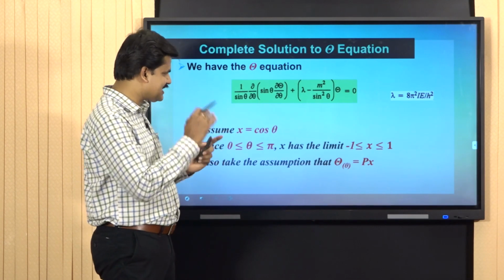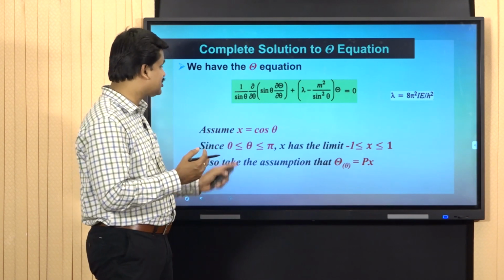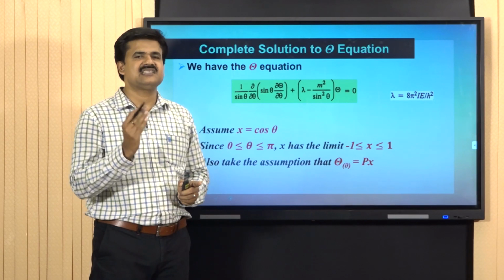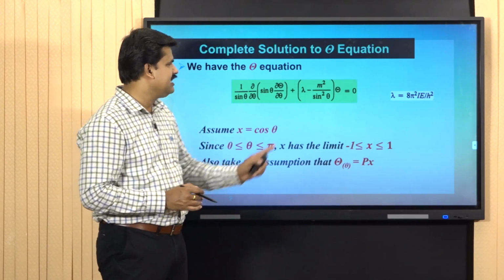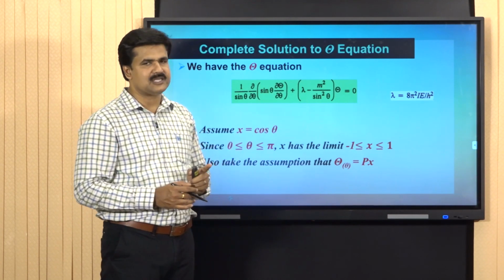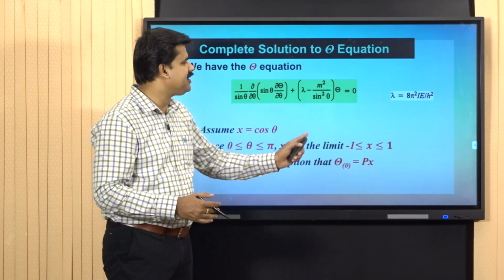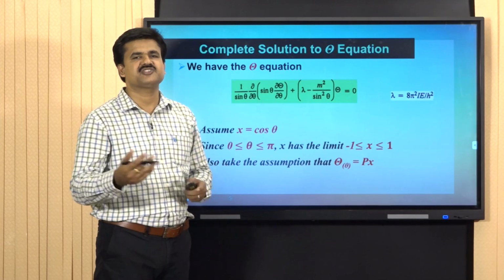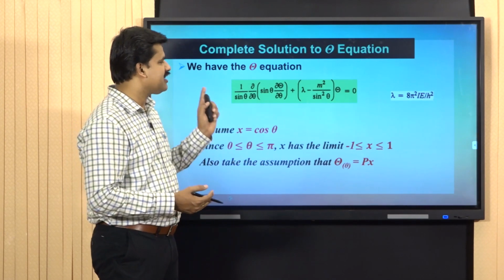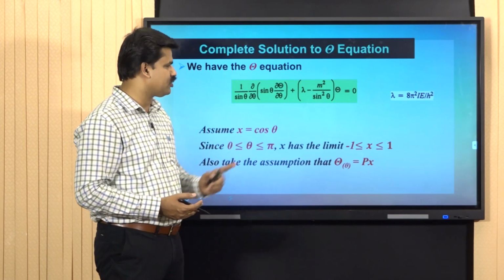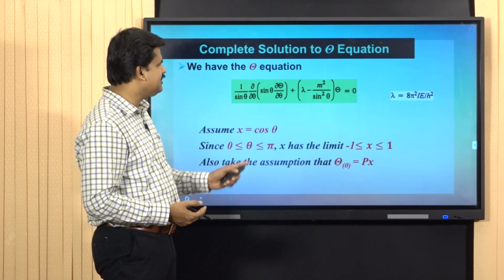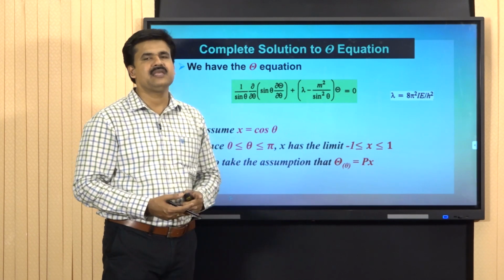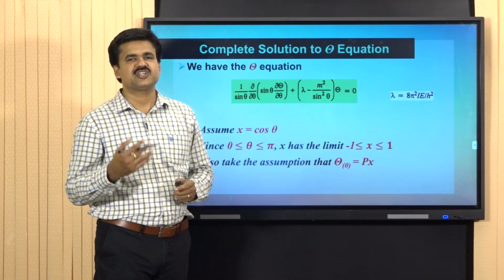We set the limit of x based on x is equal to cos theta. Also, theta of theta present in this equation is replaced by P of x, where P of x is a function of x.